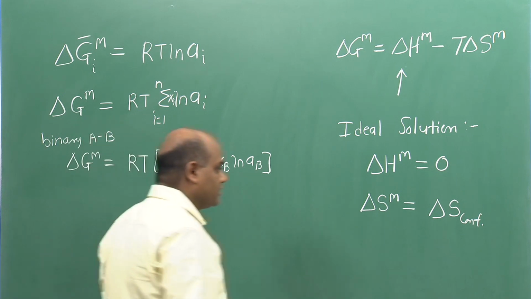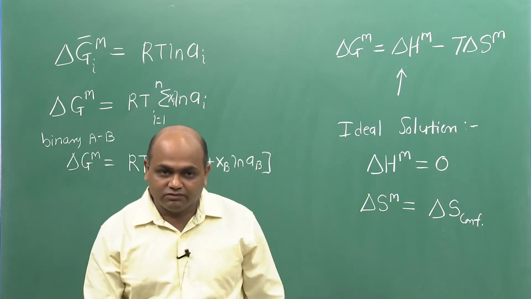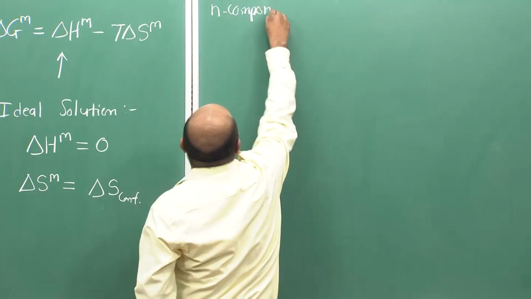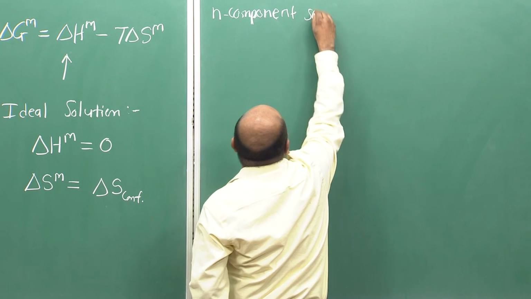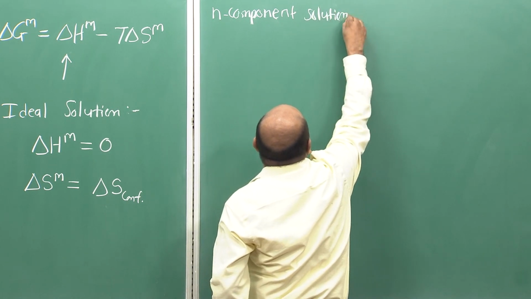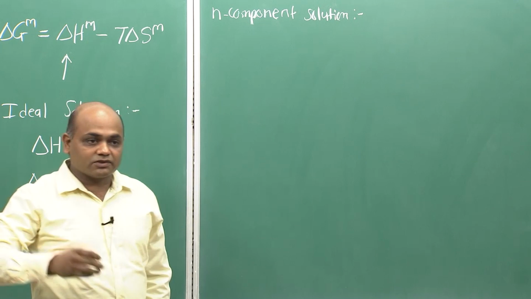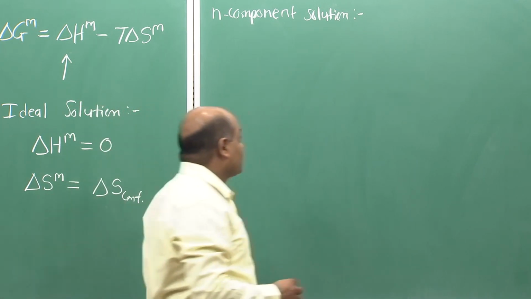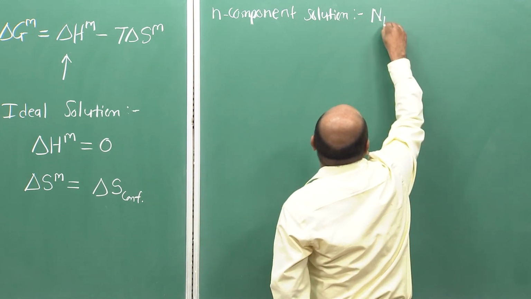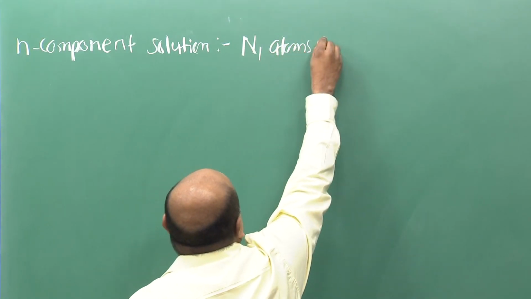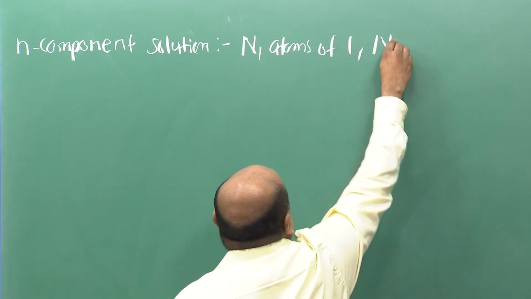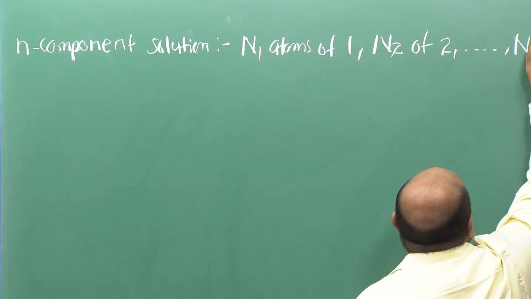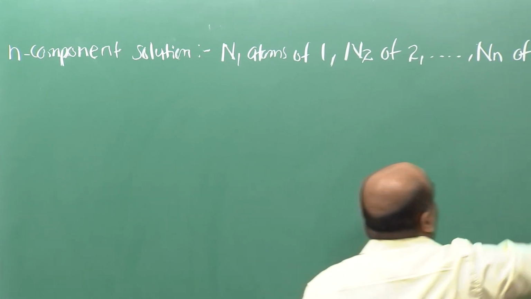So, let us try to evaluate delta S configuration for the process of mixing. So, suppose we form an n component solution by mixing n1 atoms of element 1, n2 atoms of element 2 and so on, and nn atoms of element n.